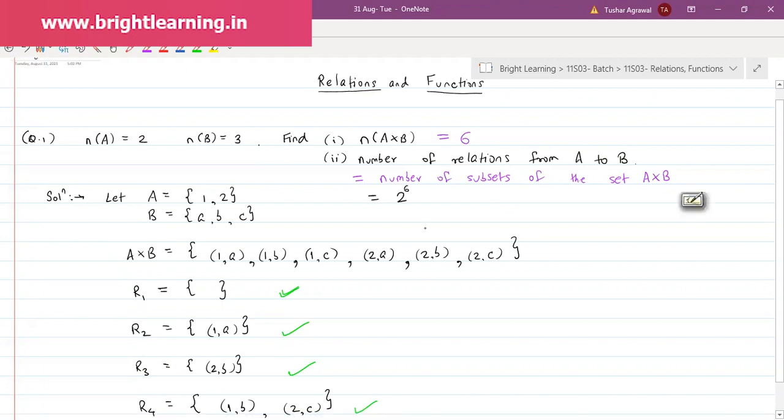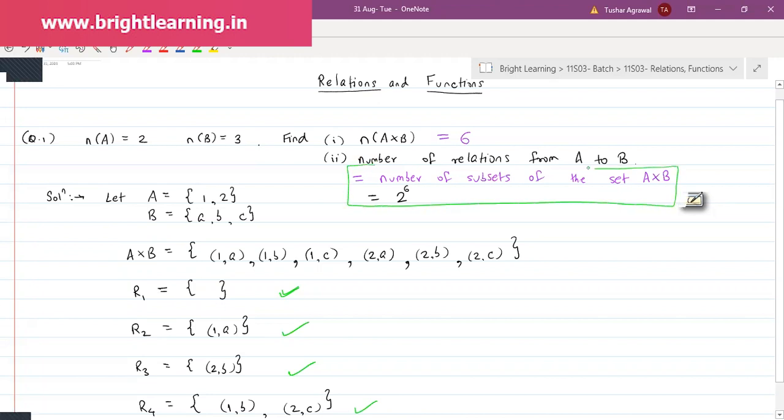In set theory, we have seen this formula that if the cardinality of some set is, let's say, 5, then the number of subsets possible is 2 to the power 5. I've given this formula to you. Do you remember? So the cardinality of A cross B is 6, so the total number of subsets will be equal to 2 to the power 6. Is this explanation clear?